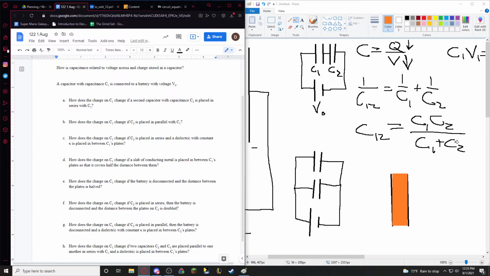We place the dielectric. If it's just that, it should increase. But then by connecting C2, the charge decreases. So we actually don't have a way of knowing whether it's greater or less than. We'd have to calculate using actual values for the dielectric and the capacitances. So it's sort of a bad trick question. And I'm a bad SI leader for reusing this question even though I knew it was bad.